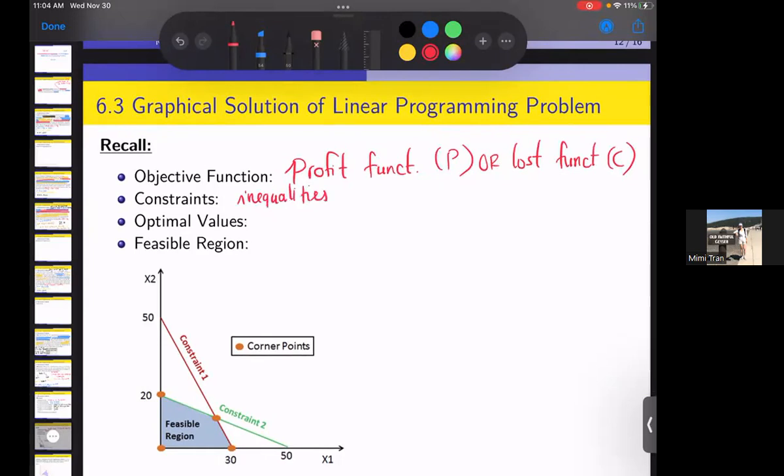So in the picture, constraint 1, constraint 2, we have 2 constraints here. And of course you shade, because with an inequality you shade your solution. Optimal values. Now, this is an optimization problem, right? You're maximizing or minimizing things, so you have to have optimal values. Meaning you're looking for the max if you're looking at profit, or you're looking to reduce the cost to the minimum.